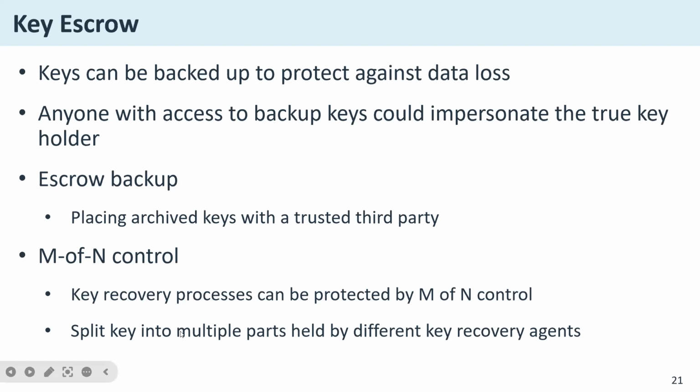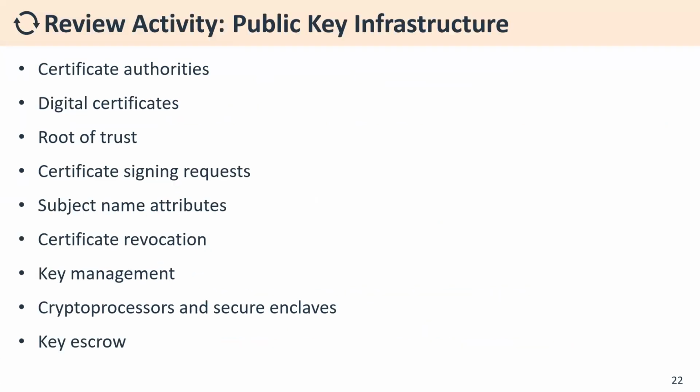Then you have the key split into multiple parts held by different key recovery agents. So all of this is to ensure that you have a secured system, because if you have a secured system, you have better encryption. Because even in encryption, if not done properly, these are some of the loopholes that you might have.